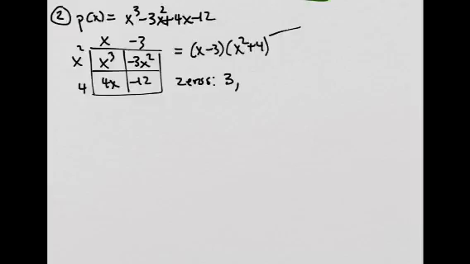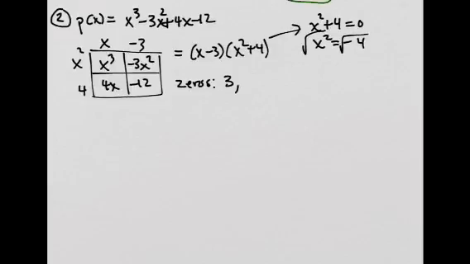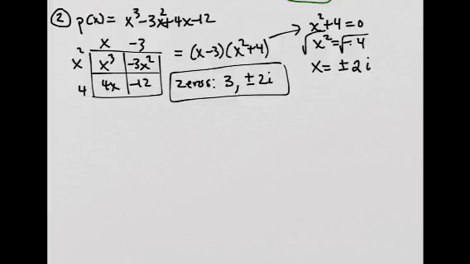For the second factor, I set it equal to 0, which gives x squared equals -4. Take the square root, so x equals plus or minus the square root of 4, which is 2, and the square root of negative 1 is i. So my two zeros are plus and minus 2i. Here we have one real zero and two imaginaries.